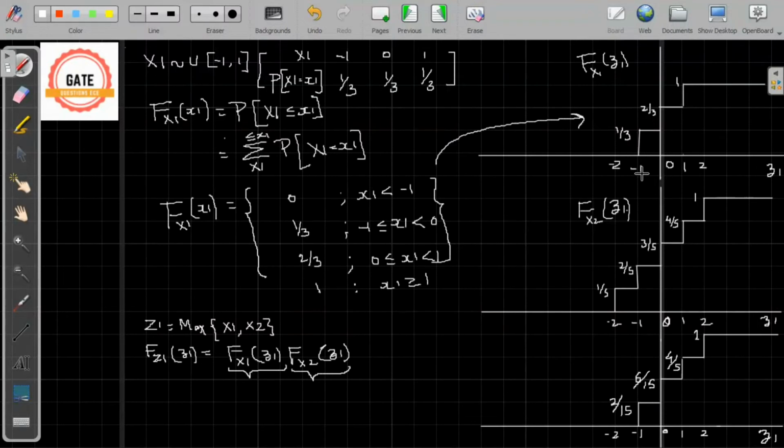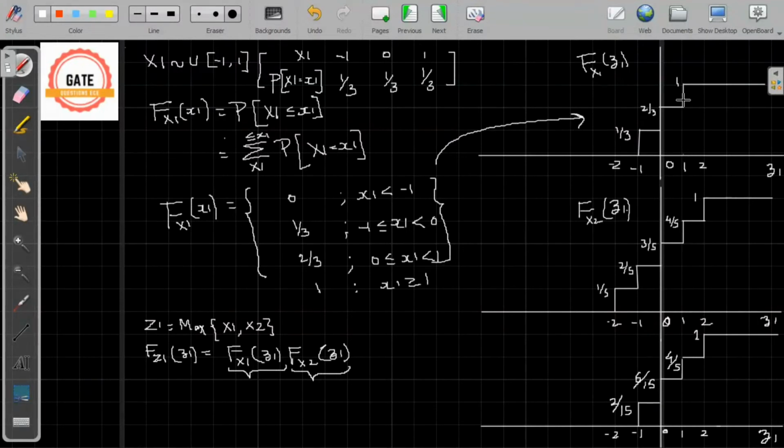You can see here for x1 equal to -1, the step size is 1 by 3. Similarly, when x1 is 0, the step size is 2 by 3 minus 1 by 3, so the probability is 1 by 3. We can see it here.